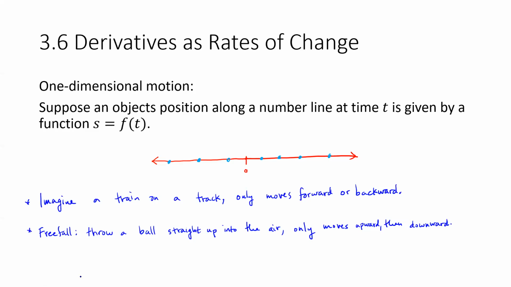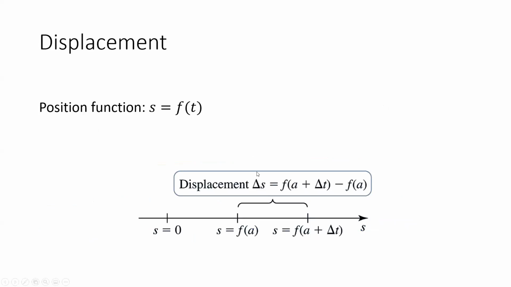Okay, so these would be two specific cases where you can model it with a one-dimensional motion function like this, s equals f of t. Okay, so s is our position function, right? So we can imagine now when we're talking about displacement, it is the change in position.